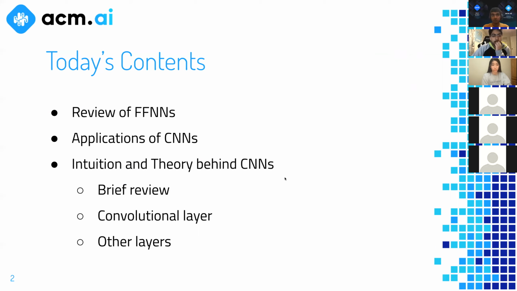Then we're going to go into the actual theory and intuition behind CNNs. That includes a brief review of a broader scope of what it is, as well as exactly what makes it up: the convolutional layer, which is one of the most important parts of the convolutional neural network, as well as the other layers that help facilitate this layer.